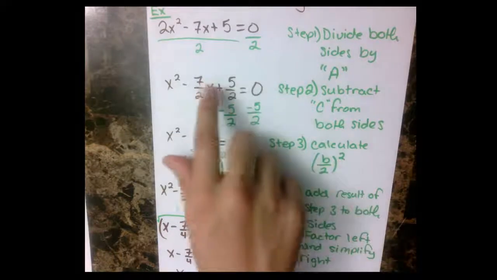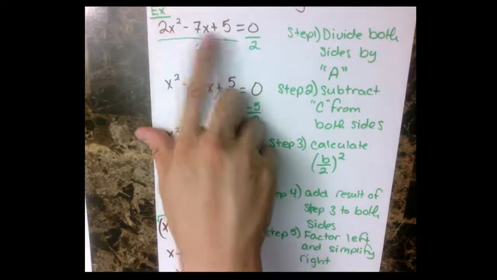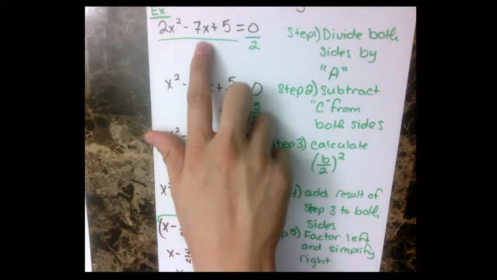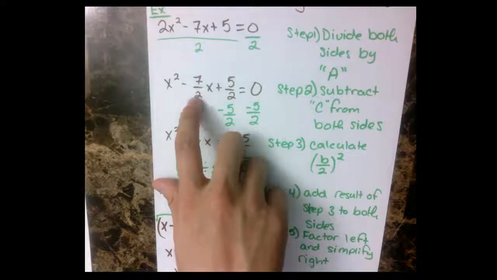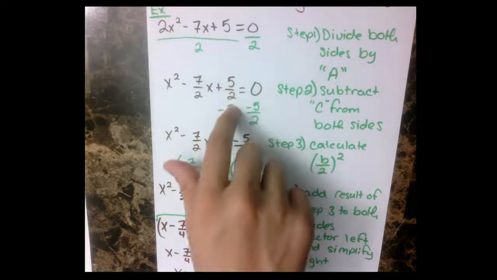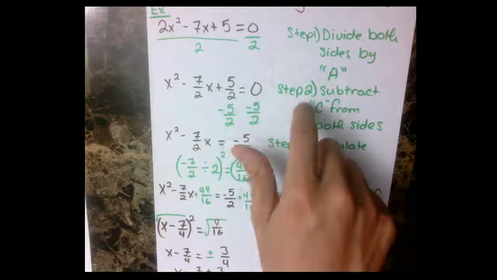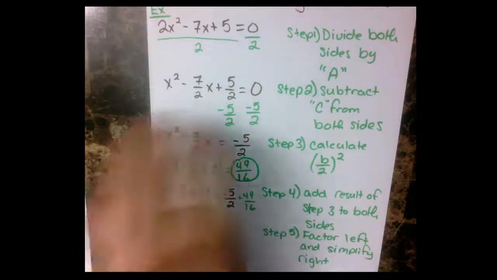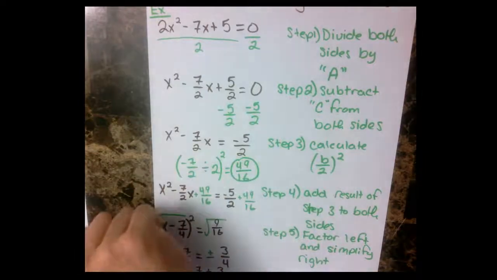I know it's weird, but remember, distribute your division to everything. 2x squared divided by 2 is just x squared. Negative 7x divided by 2 is negative 7 over 2 x. 5 divided by 2 is positive 5 over 2. Okay, and then equals 0 because 0 over 2 is just 0. Okay, step 1, divide both sides by a. Don't forget to distribute your division.